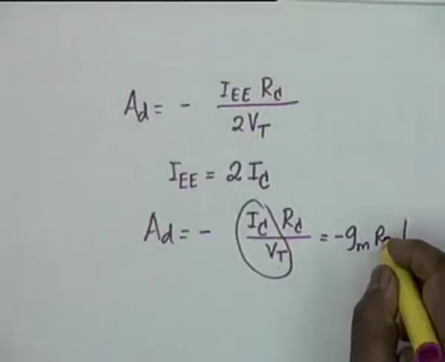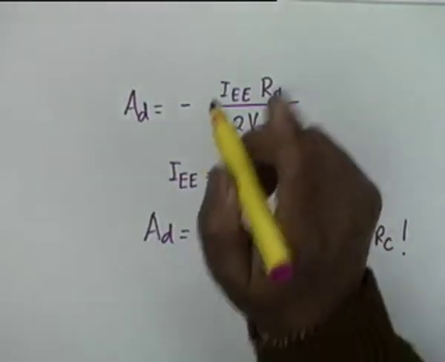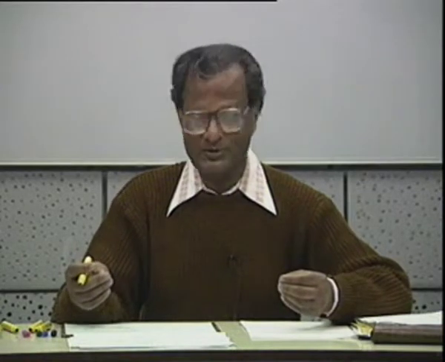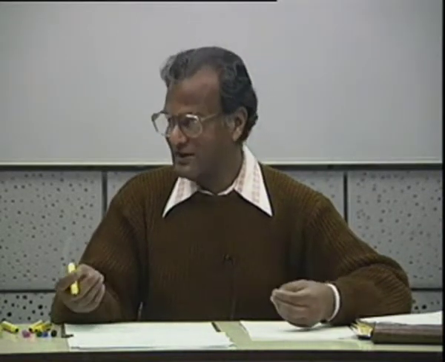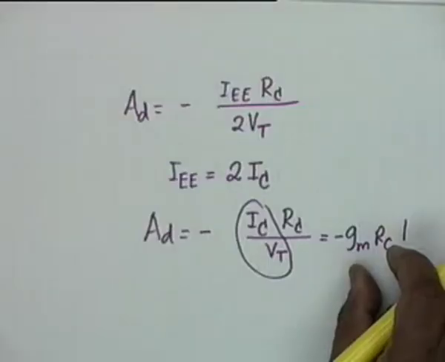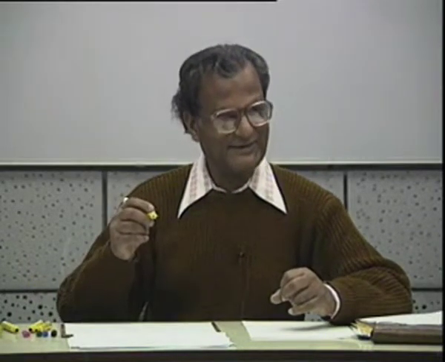So this is the load, and therefore by using two transistors in this emitter coupling mode, we haven't gained much in terms of gain. Is that correct? The gain is still minus GM RC. I could have obtained this with a single BJT instead of two. What is it that we have gained? We have not gained in terms of gain. We must have gained somewhere else.